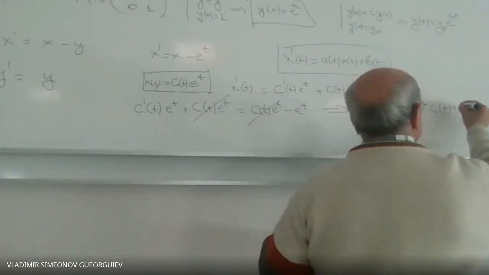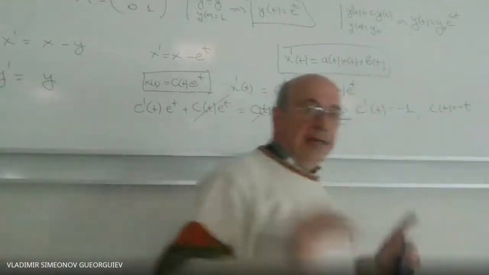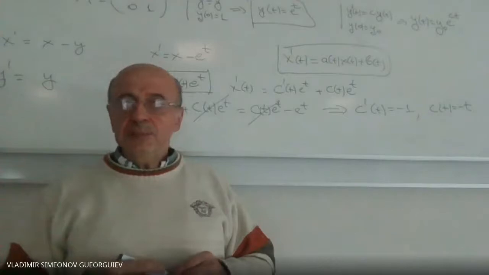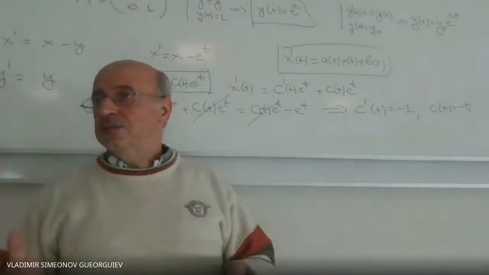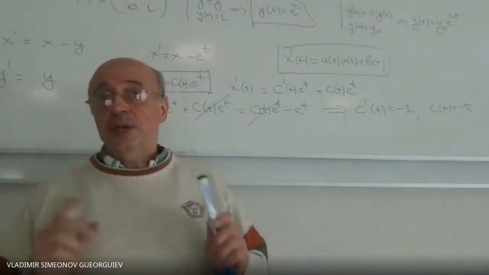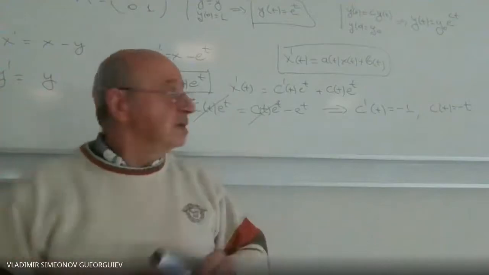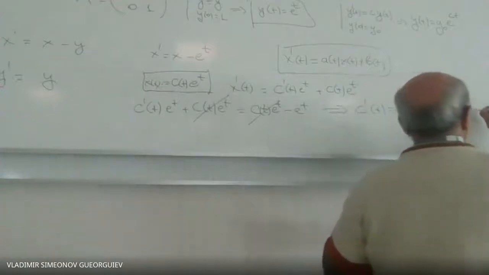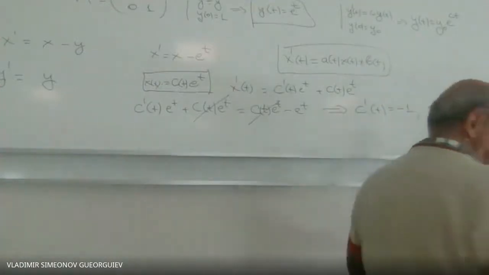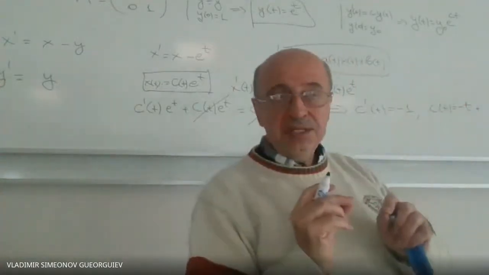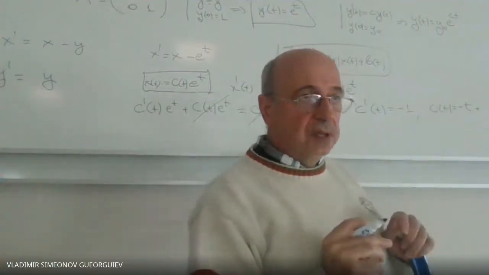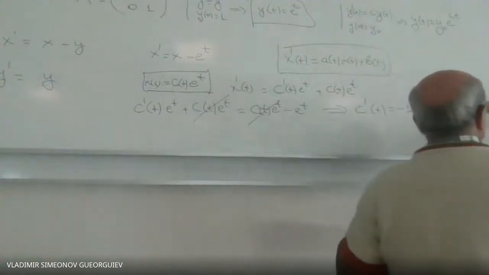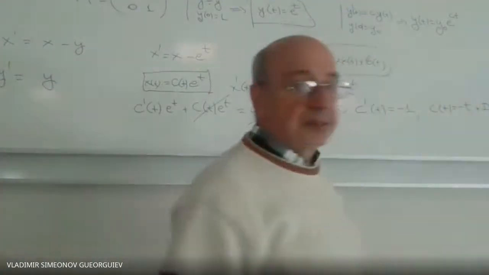c(t) is minus t. And this is the moment where I have to remind you of a typical error of the students, forgetting plus constant. When you take a primitive, always, this is minus t plus some constant. Since letter C is reserved for our function, let us invent another letter, for example, D. D is a constant.